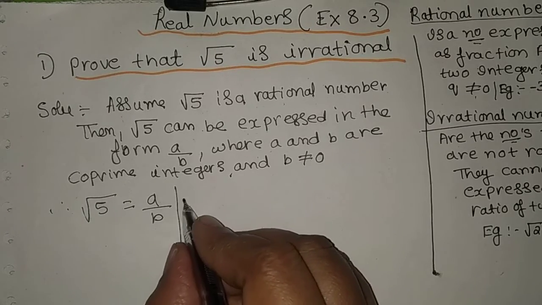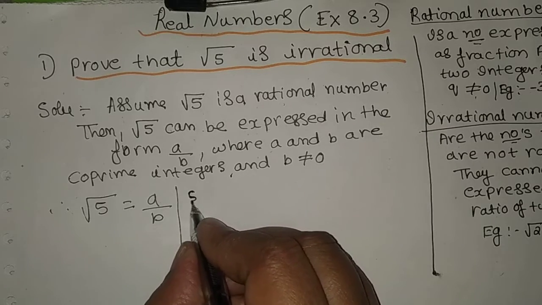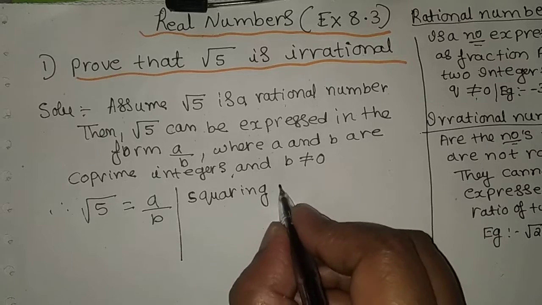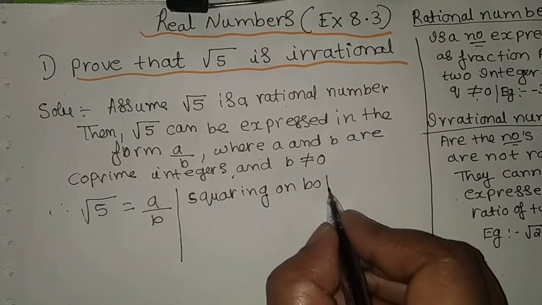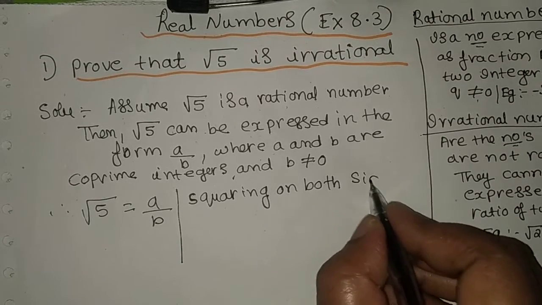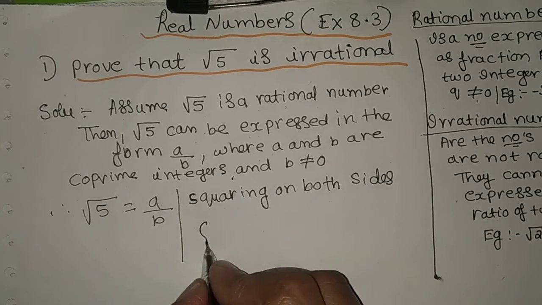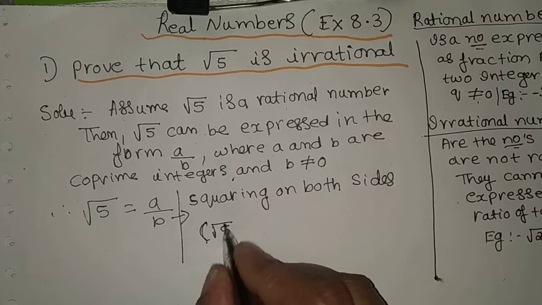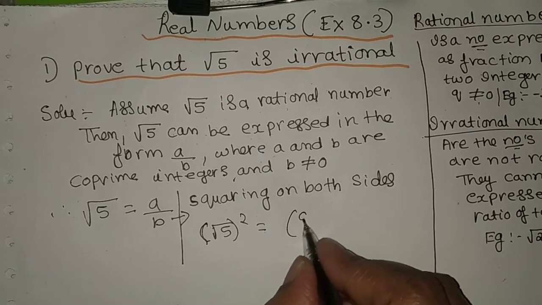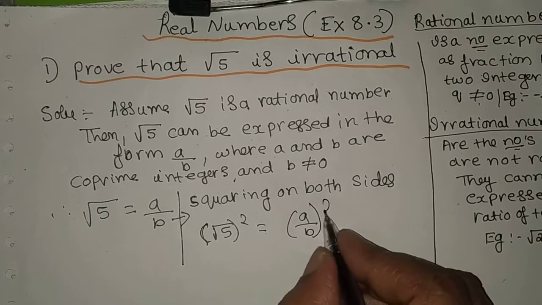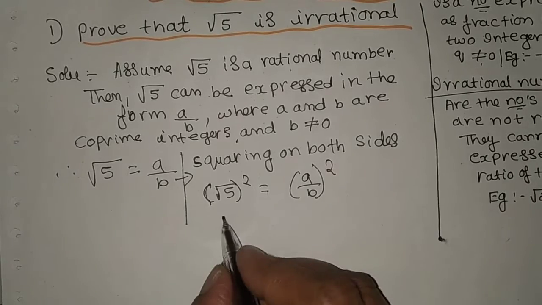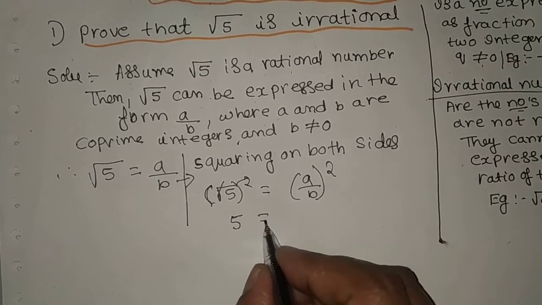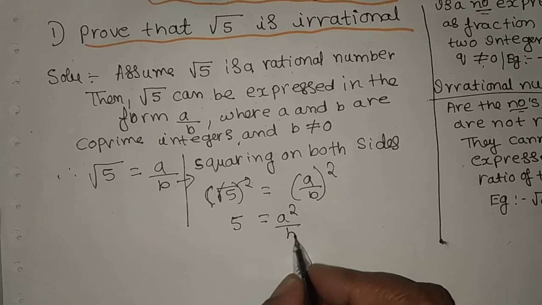After this, squaring on both sides. So root 5 the whole square is equal to a by b the whole square. Now after squaring, the root cancels, we get 5 equal to a square by b square.